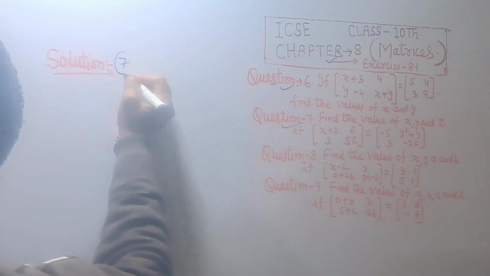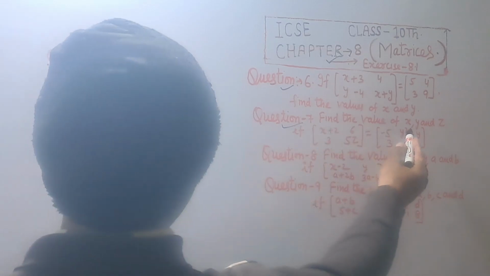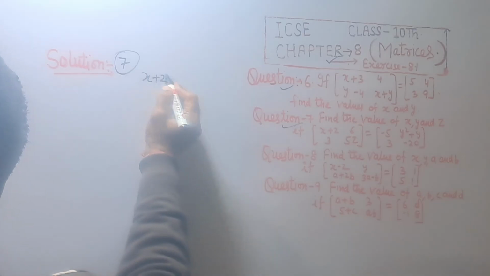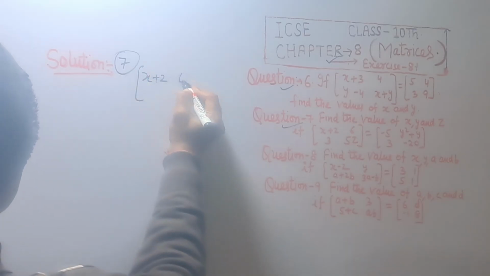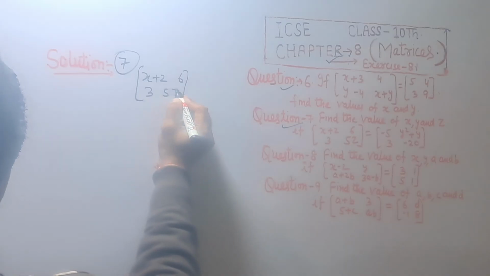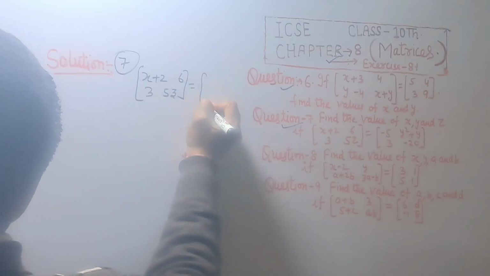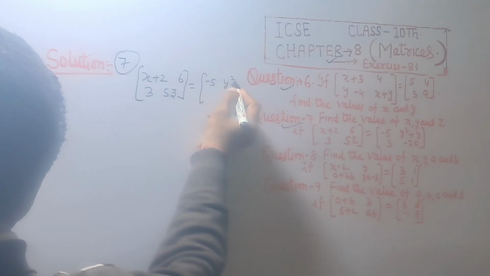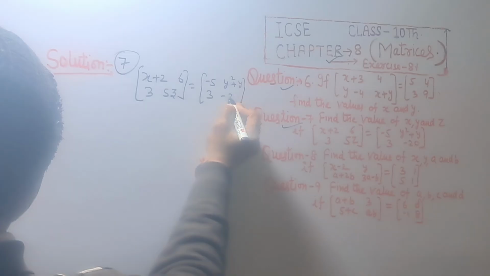Question number 7. Find the value of x, y and z if x plus 2, 6, 3, 5z equal to minus 5, y square plus y, 3 and minus 20.